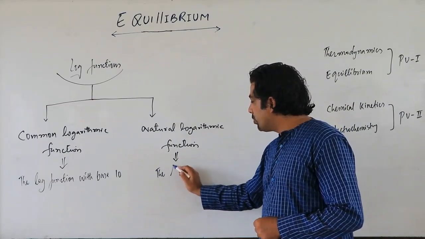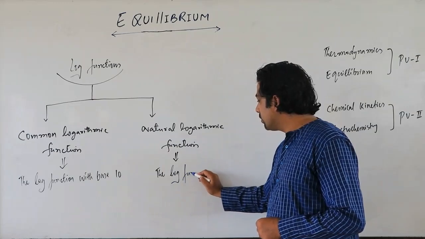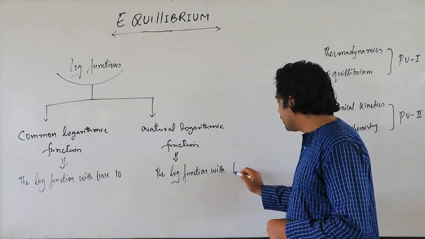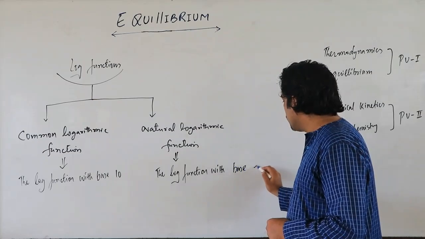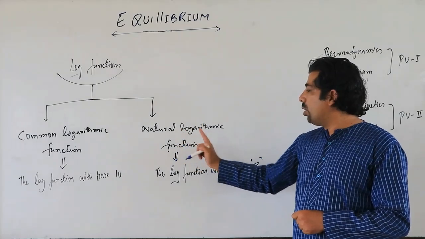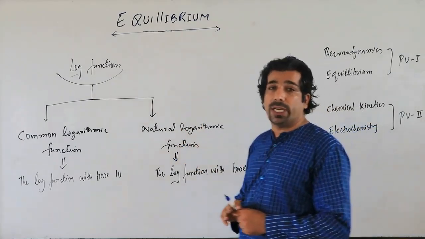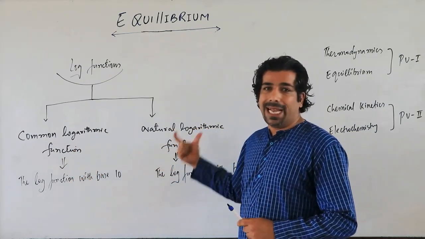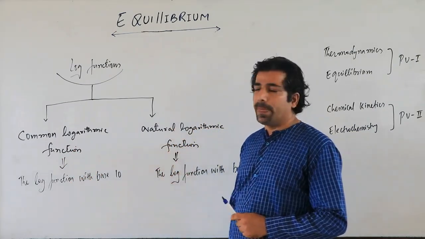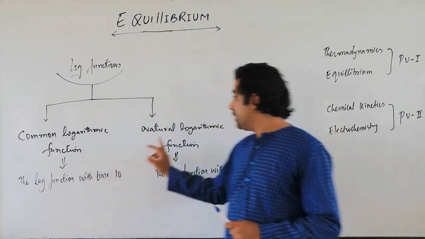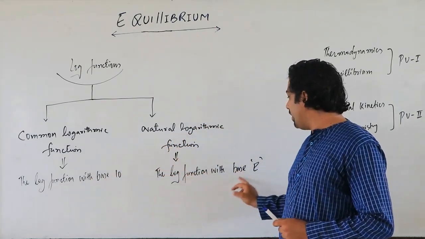The log function with base e is known as the natural log function. Now you have two types of log functions, common log function and natural log function. Here the log function with base 10. This is the log function with base e.